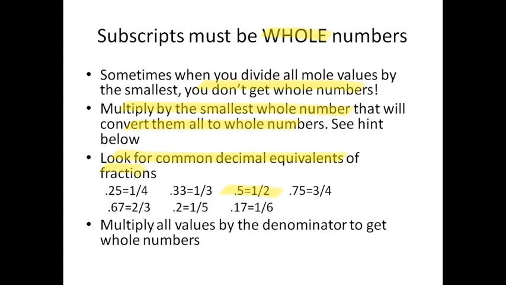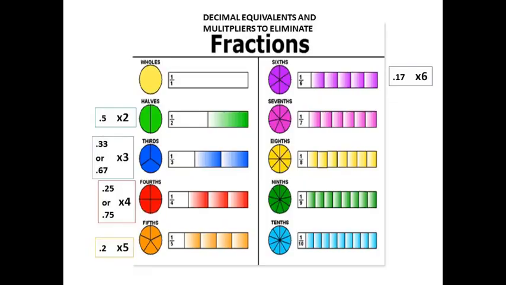You multiply all your values by 2 to get rid of the denominator. If you get 0.25 or 0.75, you recognize those as fractions which have 4 in the denominator, so you multiply by 4. 0.33 or 0.67 are thirds, multiply by 3 to get rid of it. This one's kind of weird, you don't see this one much, but 0.17 is the decimal equivalent of 1/6. You would multiply by 6. Multiply all values by the denominator to get the whole numbers.